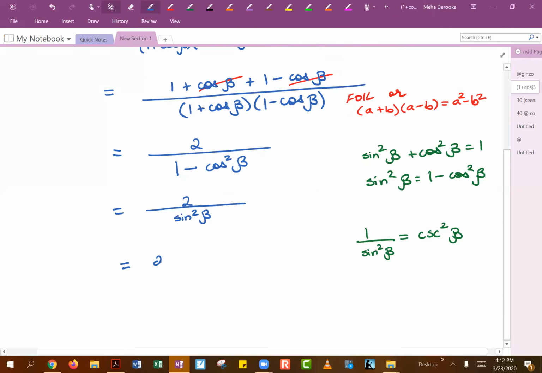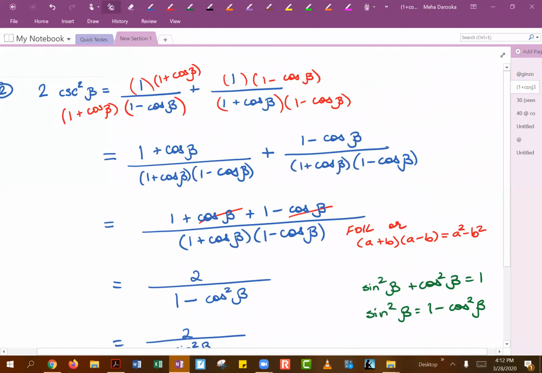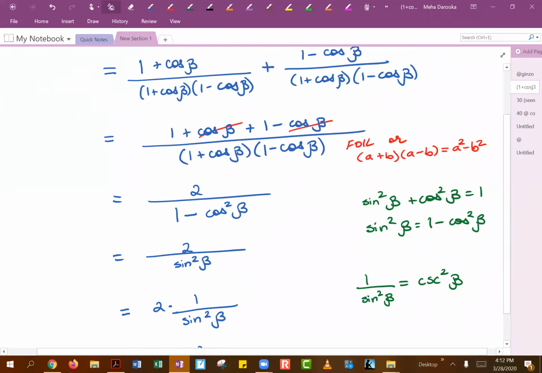So that will give you 2 times. And if you want, you can kind of separate that denominator like this. And then that will become 2 times cosecant square beta, which is what we were trying to prove. 2 times cosecant square beta, which was our left-hand side in this case.